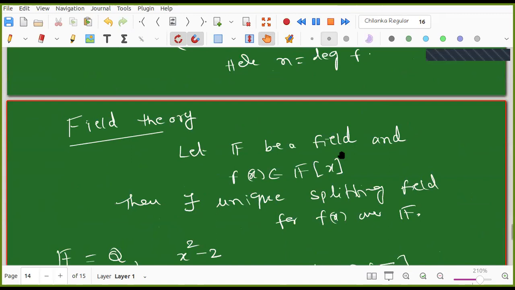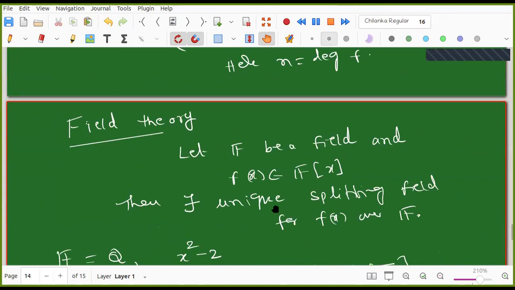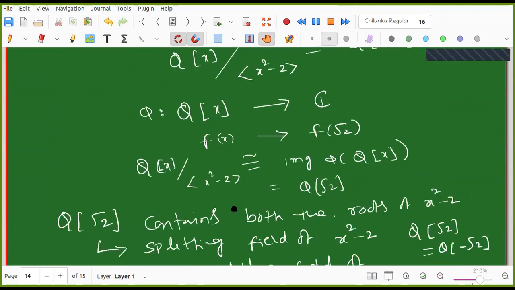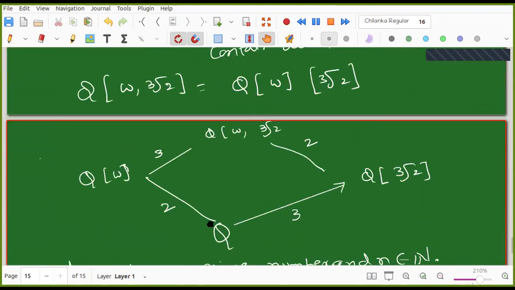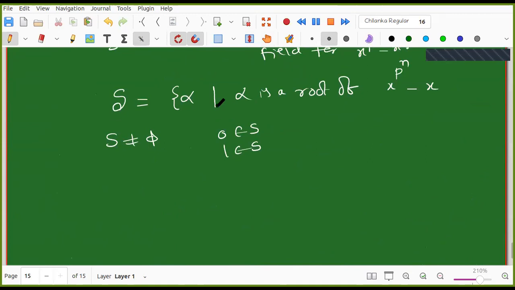I wrote here: let F be a field and f(x) belong to F[x]. There exists a unique splitting field of f(x) over F. So now I'm taking this alpha belonging to F here. Alpha is a root.